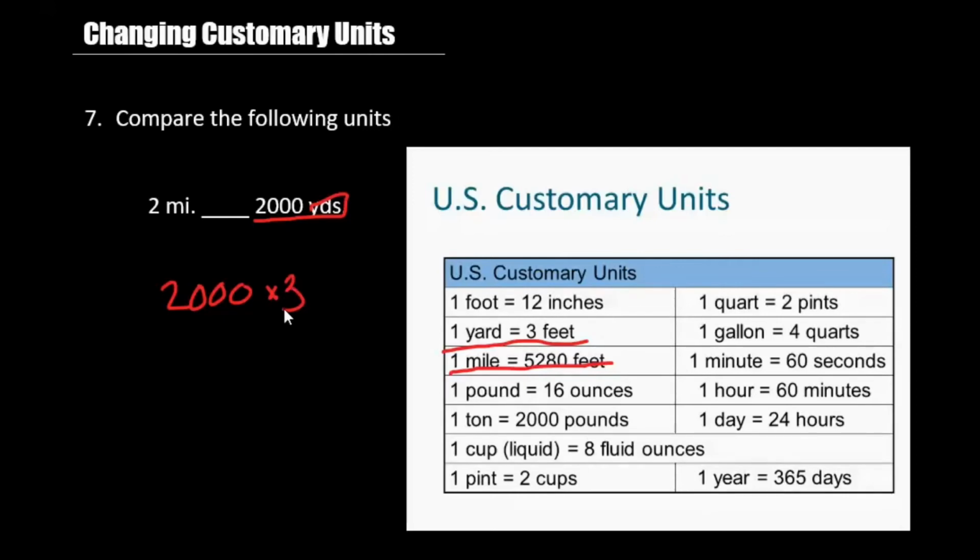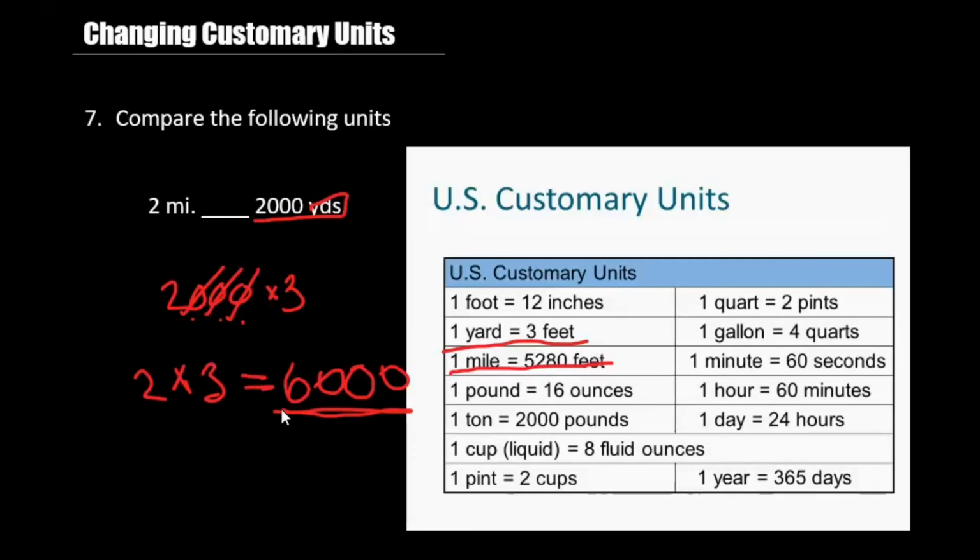And we have an easier way of doing that. We just cross off all the zeros. We have 3 zeros and we cross them off so that we just have to multiply 2 times 3. 2 times 3 is equal to 6. And then you bring back the 3 zeros. So our answer is 6,000.